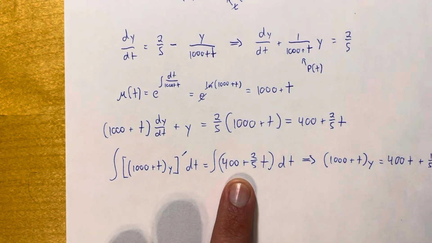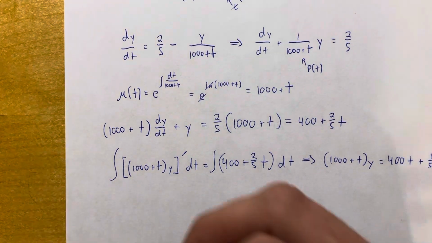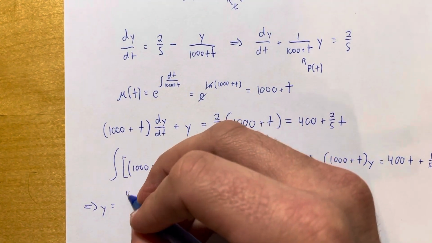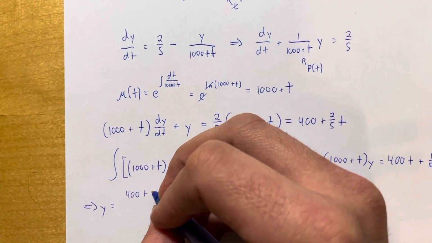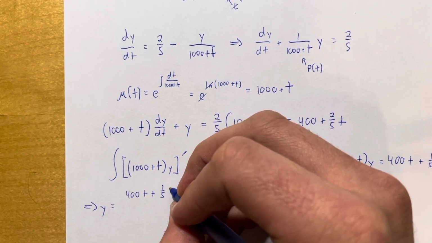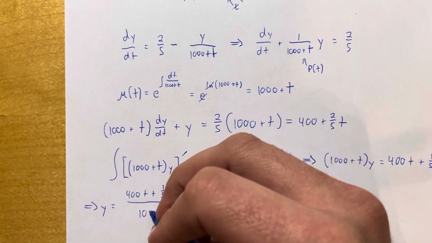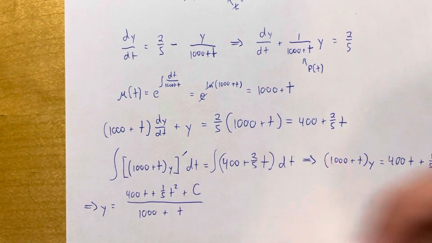Now I can solve that for y. So y is equal to 400t plus 1/5 t squared plus c all over 1,000 plus t.